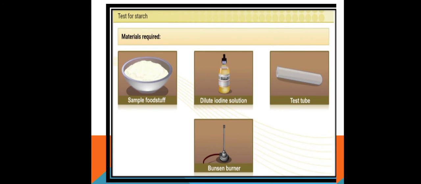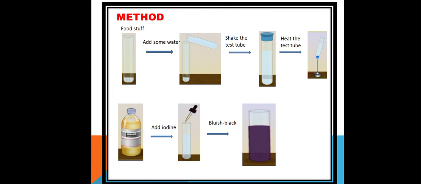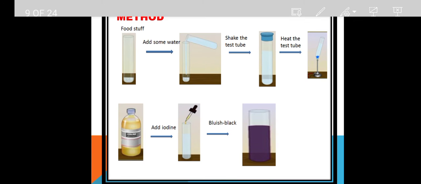The next method: crush the food sample and add the foodstuff into the test tube. Add some water to the test tube and shake it. Next, heat the test tube for about 1 minute. After the test tube has cooled down, add a few drops of dilute iodine solution.